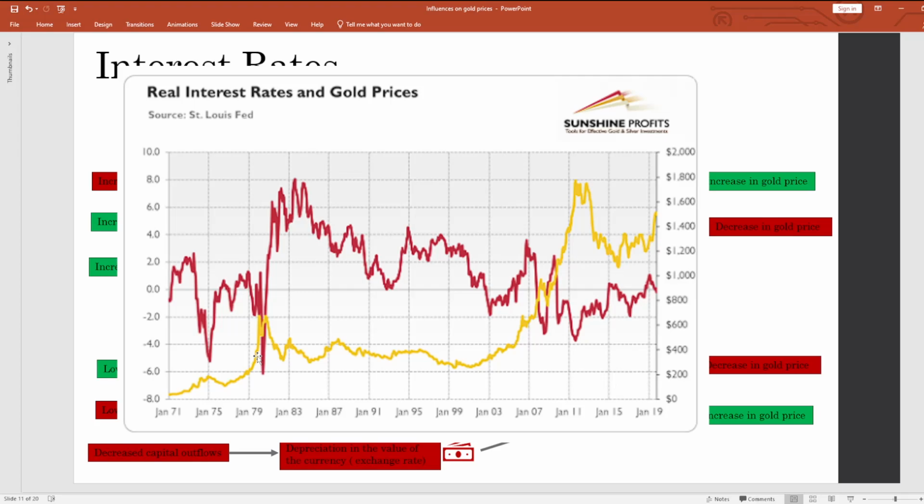Over time, when things stabilize, when interest rates go up, then the demand for gold diminishes, and you get more demand for other assets.